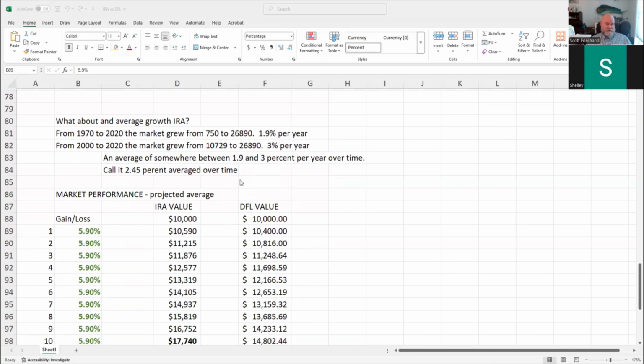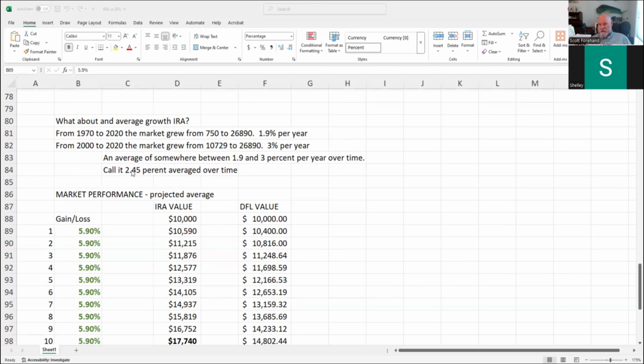Unfortunately, most advisors out there are going to tout what the recent growth is, which is about 5.9%. And if you look at from 2000 to 2020, we're getting up to 3% for that stretch of time. It's still within that same 50 years, but now we're just focusing on a shorter run. The average return there was 3% per year. Better, but still not great.